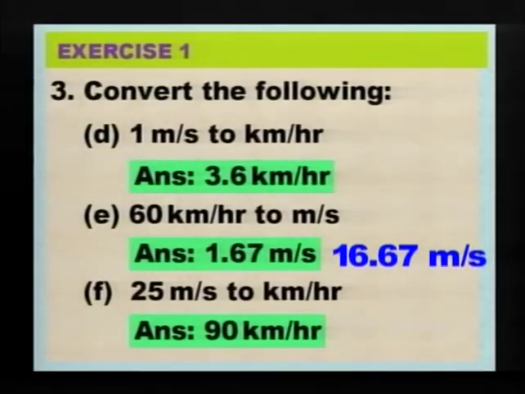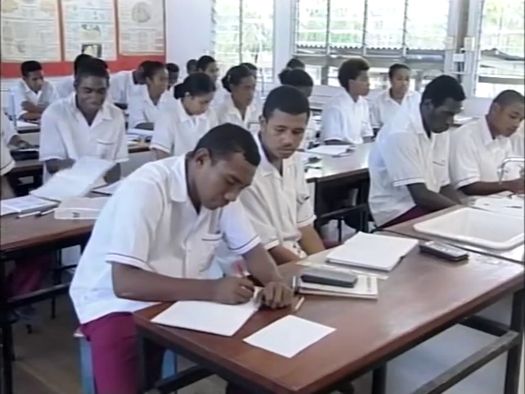For letter 3D, the answer that we got in our previous lesson, was it 3.6? Okay. Letter E, it's not 1 2/3, it should be 16 2/3 meters per second. Any questions? You're all smart, huh?